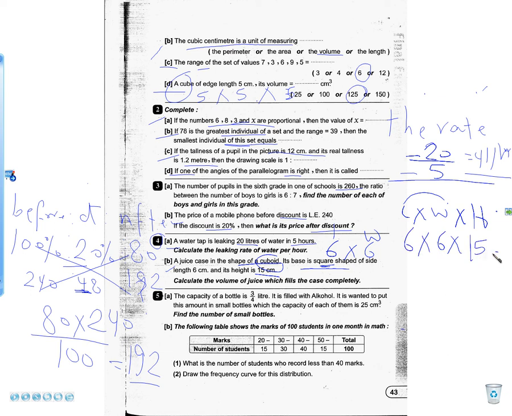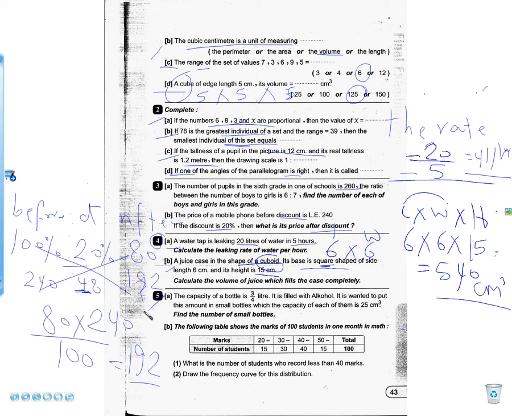Using a calculator, we get 540 centimeter cubed. Don't forget this unit. Then we move to the other questions.